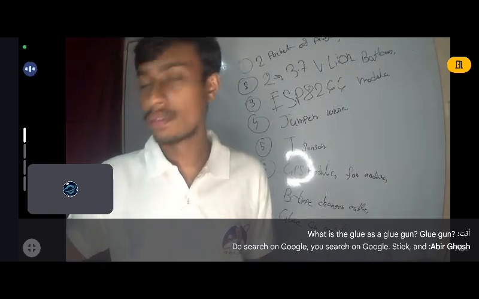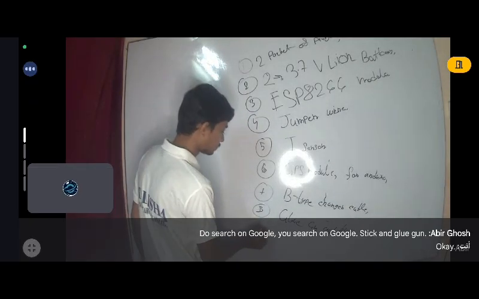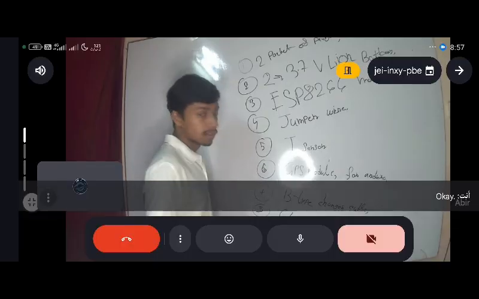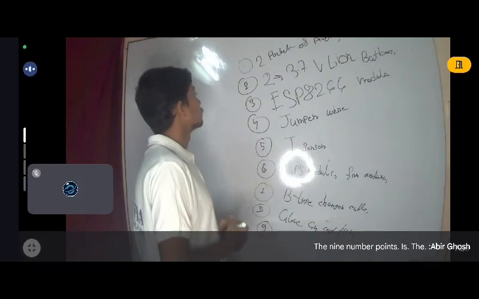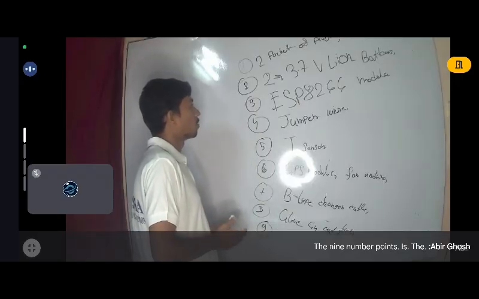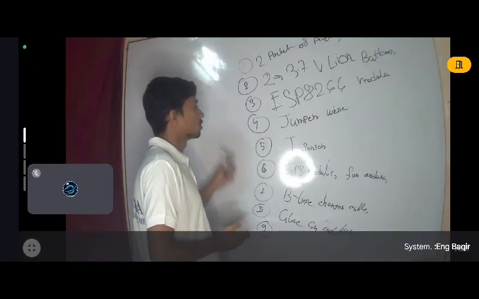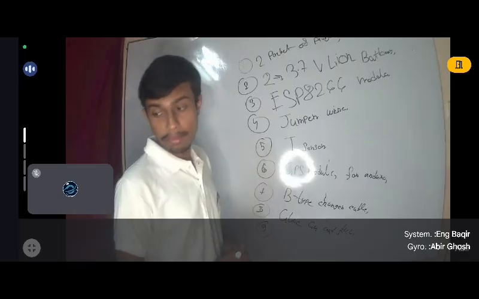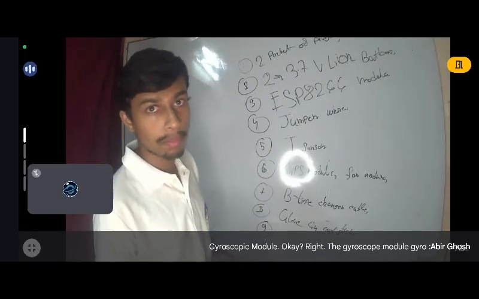Glue stick and glue gun. The ninth point is the gyroscope module. Write the gyroscope module.